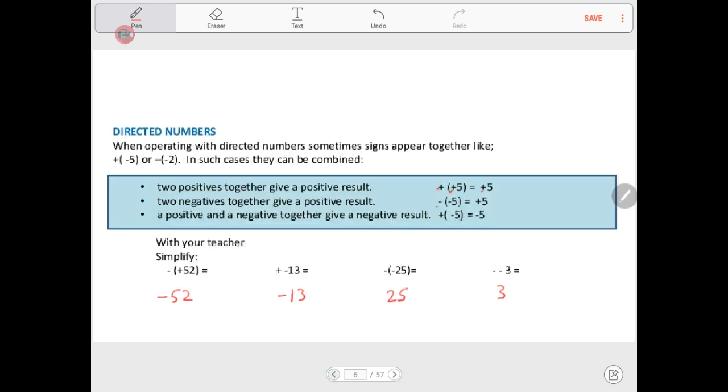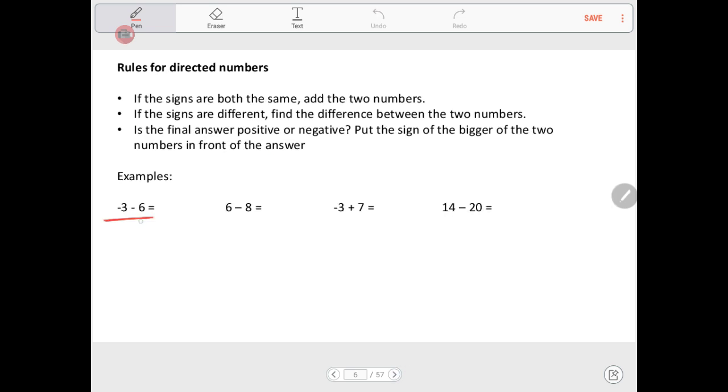So see how back here, with the negative 3, the negatives are right next to one another, so they make a positive. With something like this one on the left, minus 3 take 6, or negative 3 take 6, it doesn't work the same way, and that can be confusing.